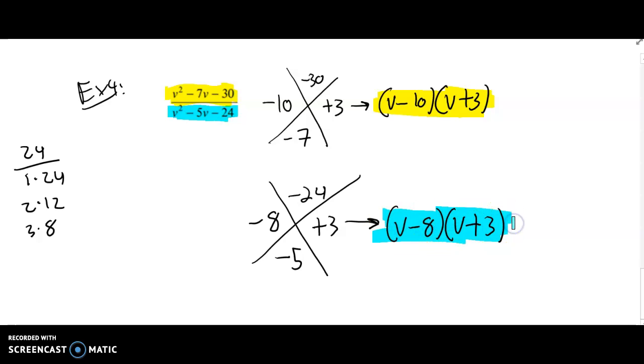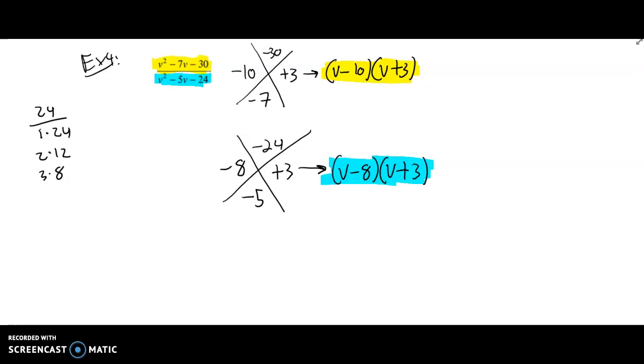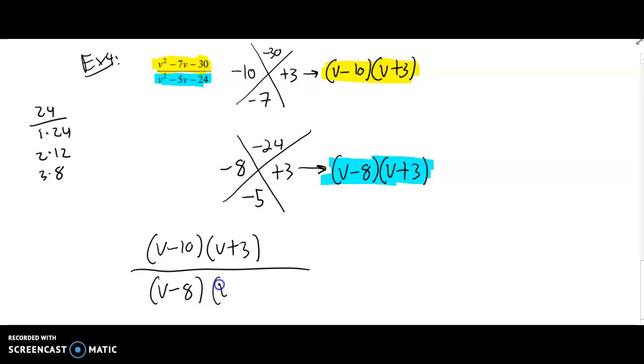Okay, we're just going to go and plug these guys back in now. So I have v minus 10, v plus 3, over v minus 8, v plus 3. Nice and neat, v plus 3's will cancel, and we're left with v minus 10 over v minus 8.